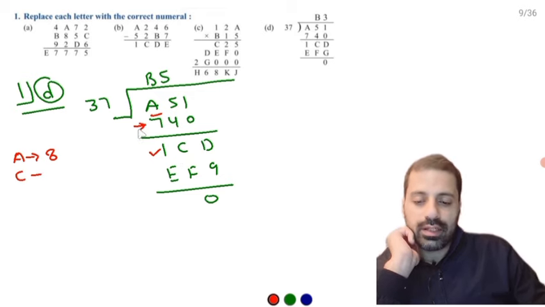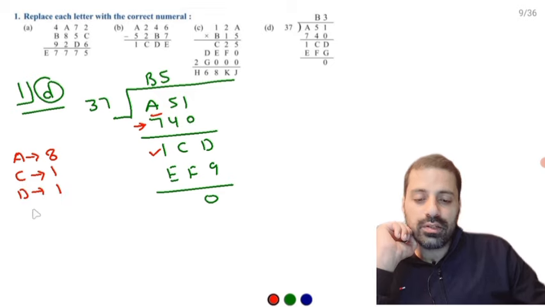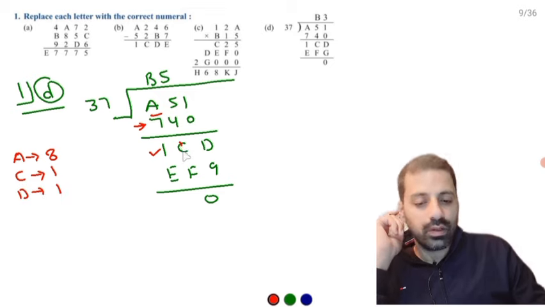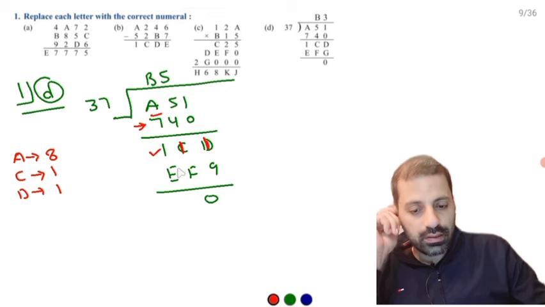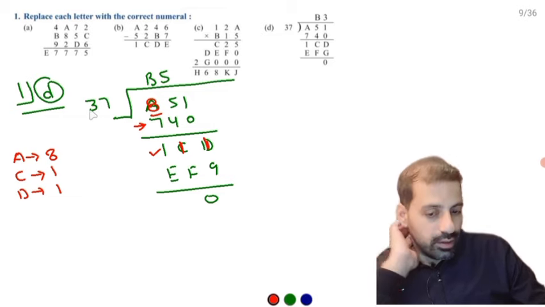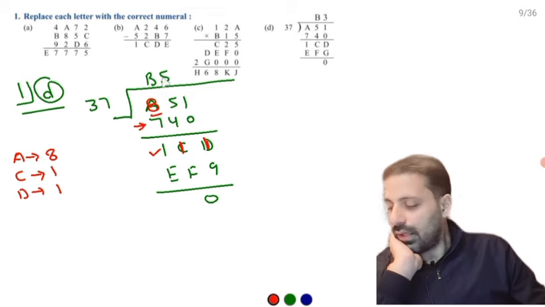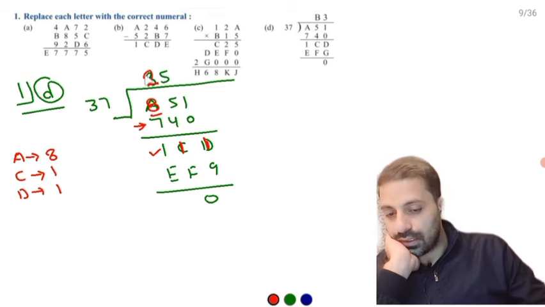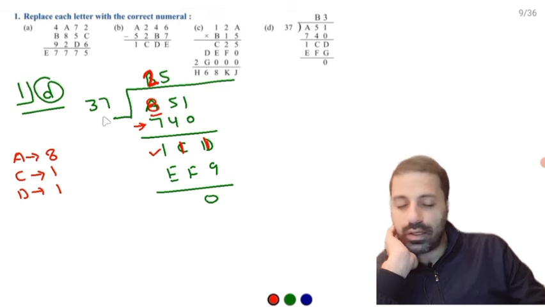And c replaced by, because we have to subtract this, so c replaced by 5 minus 4 is 1, so c replaced by 1, and 1 minus 0 is 1, so d replaced by 1 again. So here c's place is 1 and d's place is also 1. Now we have to multiply by 7, here it is 8, so b has to be replaced by 2. b replaced by 2.